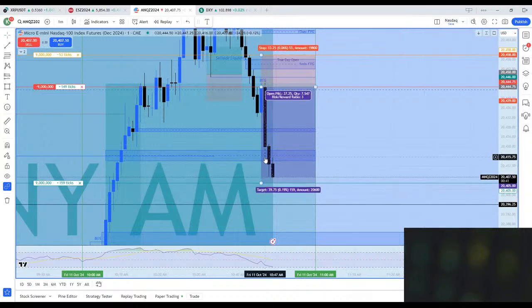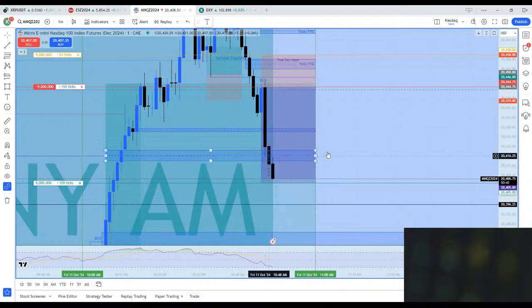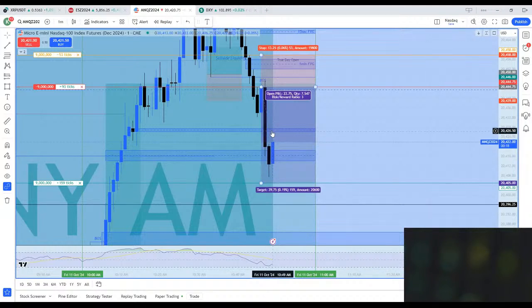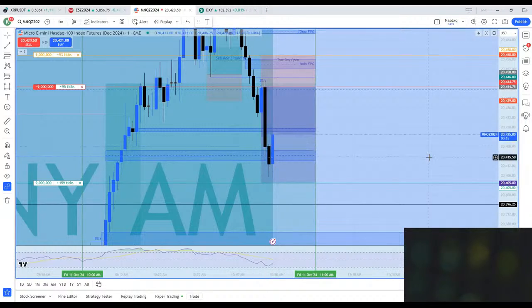Came back up and did immediate rebalance with the bottom of that candlestick. So filled in that little gap. Now I want to tap this. That's funny.